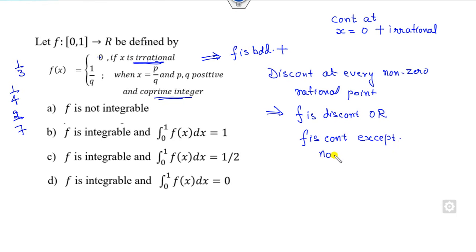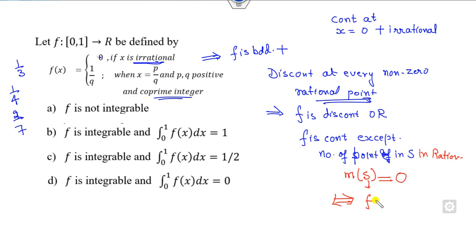What is the set? The set of points which are rational points. And we all know the measure of this set of rationals is 0. So once the measure of the set of rationals is 0, it means F is Riemann integrable.